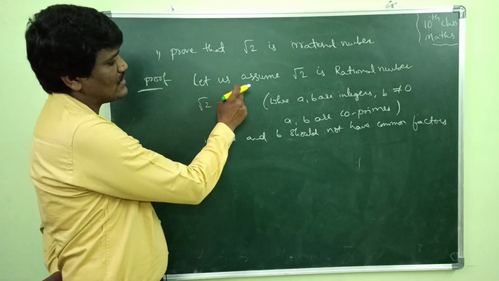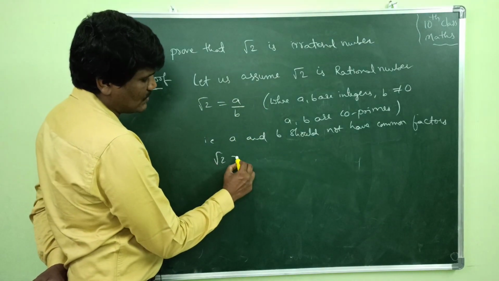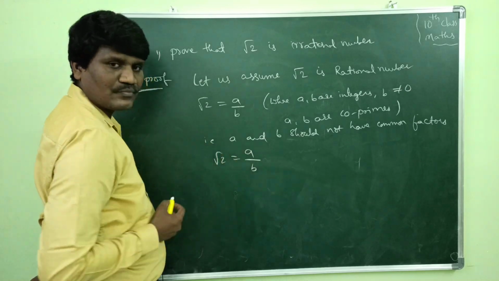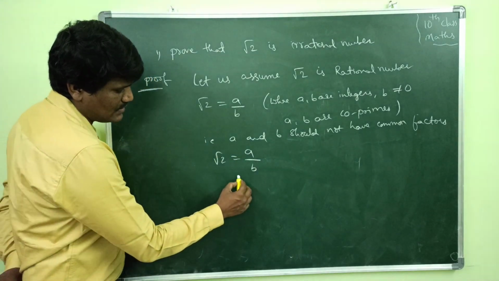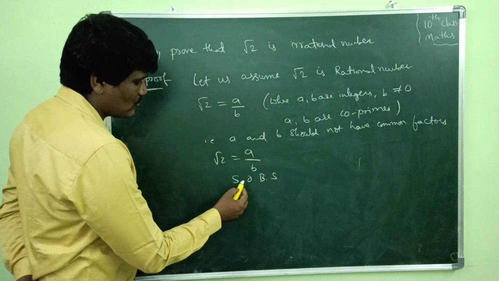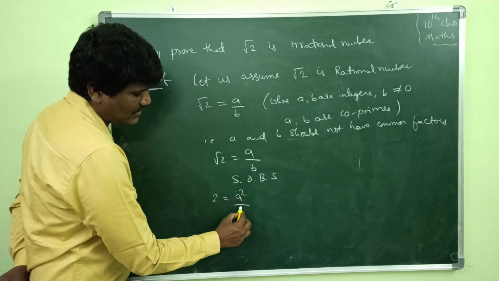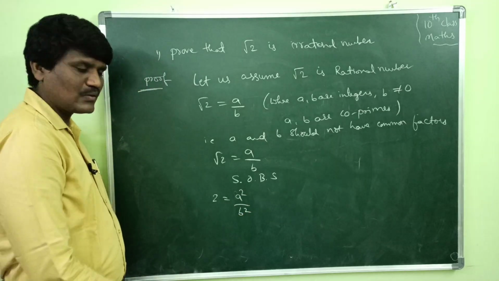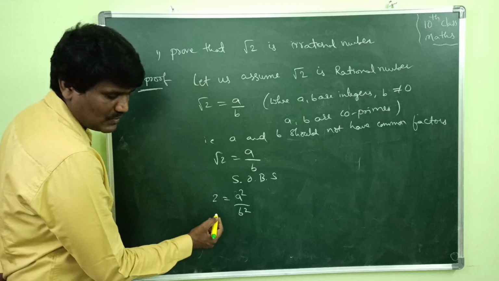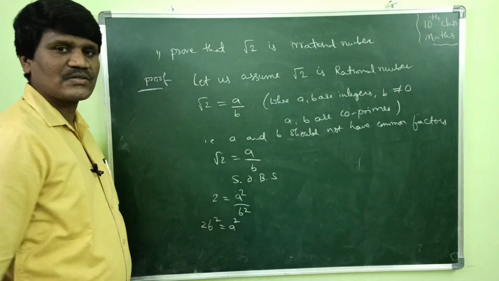Now root 2 is equal to a by b. What I will do is square on both sides. Then I will get 2 is equal to a square by b square. If I cross multiply, 2b square is equal to a square.